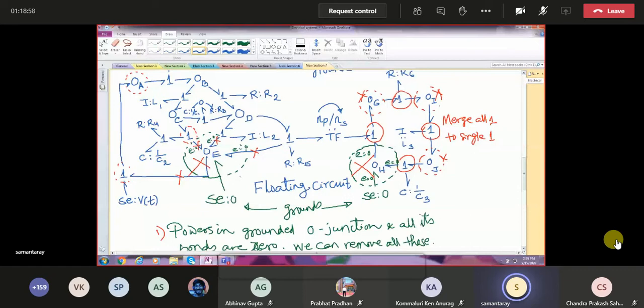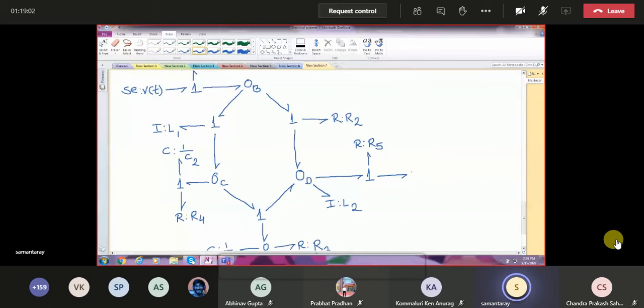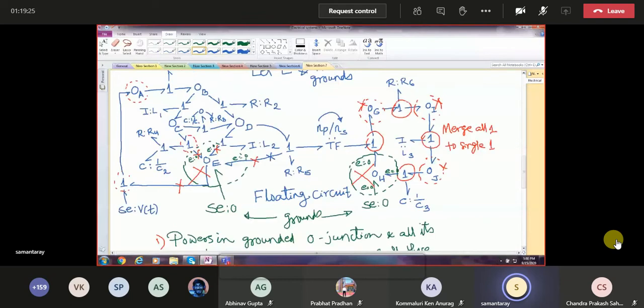Rest of the connections, E is removed, then we have the transformer, NP by NS. So that's what we have. This bond is removed already. This bond is removed. So you have 1 junction, R is to R5, straight going to the transformer.